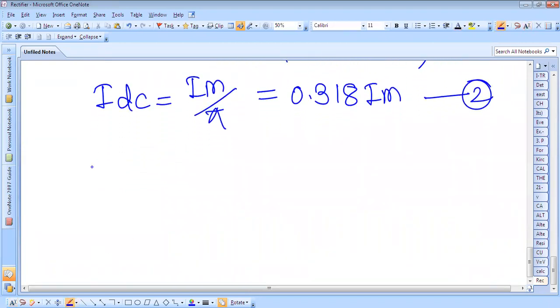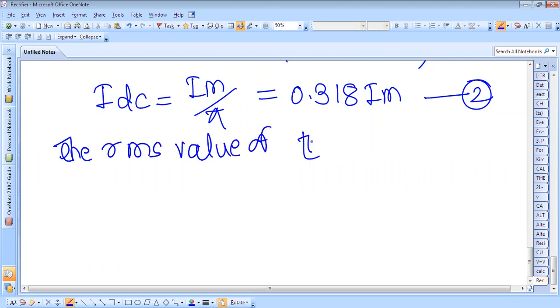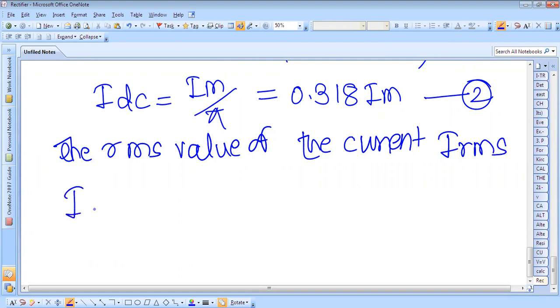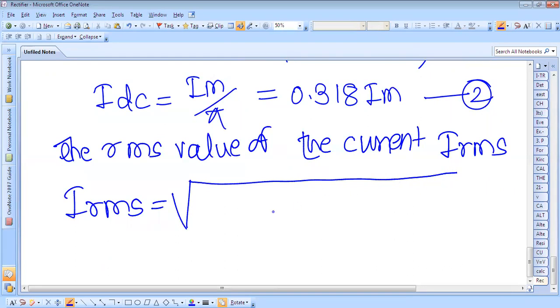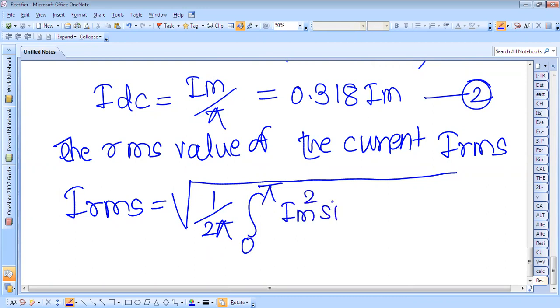Similarly, we can calculate the RMS value of the current. IRMS is equal to the square root of 1 over 2 pi, integral from 0 to pi, of Im square sine square omega t d omega t.